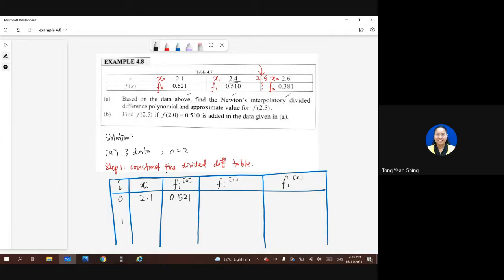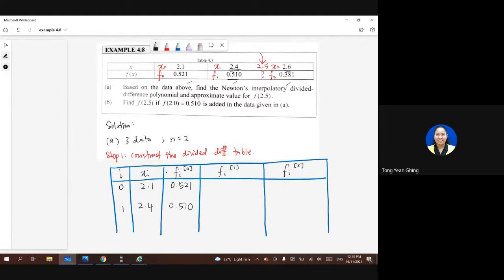X1 is 2.4. F1 is 0.510. Okay, and then X2 is 2.6. And then F2 is 0.381. So macam ni dulu.